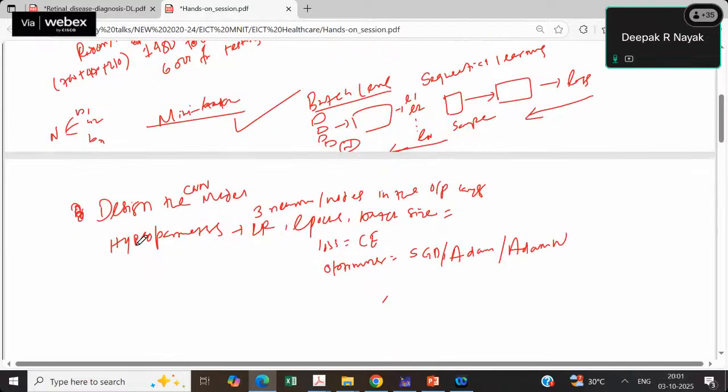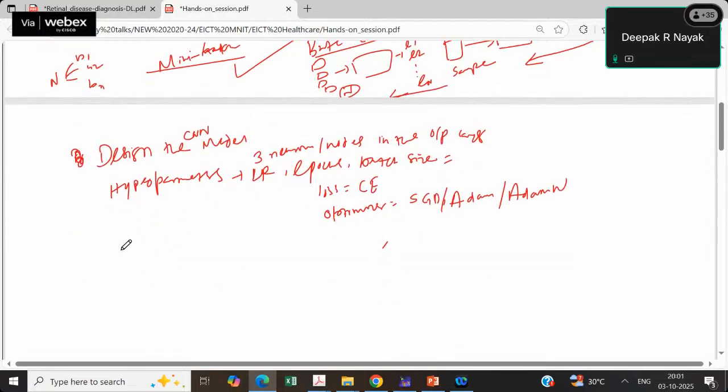Once all these hyperparameters are initialized, you will train the model. Then the training process starts. We call it the compilation process also. You train the model with all these hyperparameter initializations.